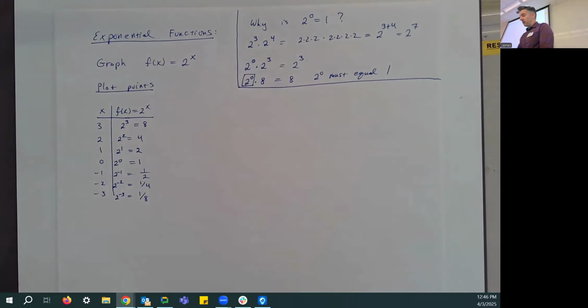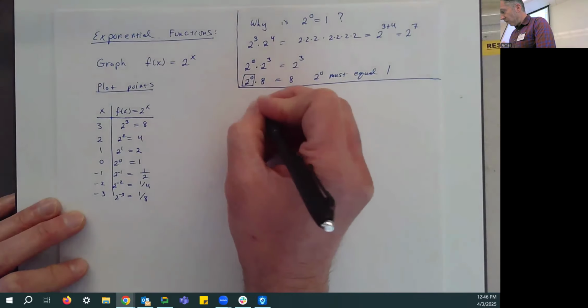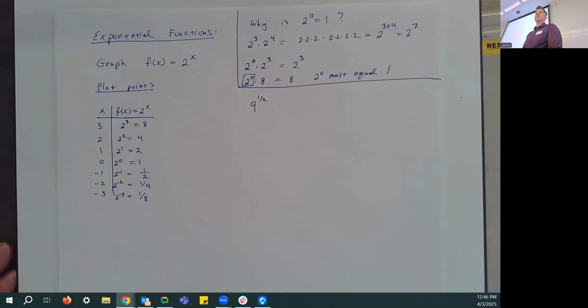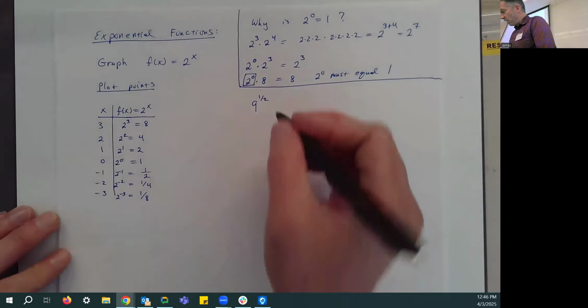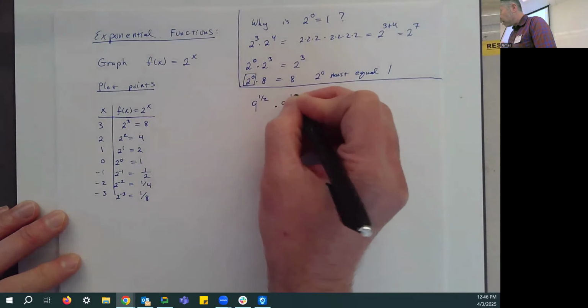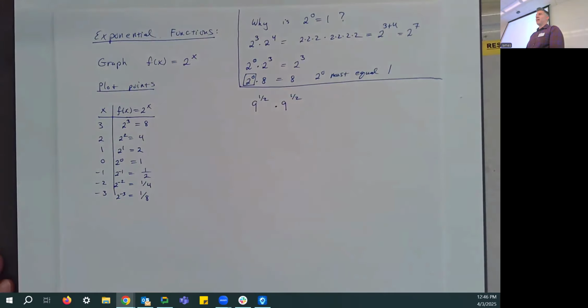Like if you want to find, say, 9 to the 1/2, well, you might know that that's the square root of 9, which is 3. But the reason it's actually going to work that way is because, if we use the additive law of exponents, what's 9 to the 1/2 times 9 to the 1/2? What's 1/2 plus 1/2?